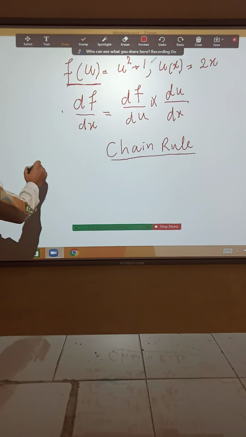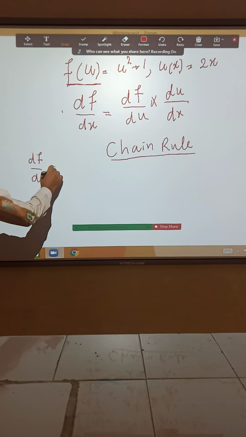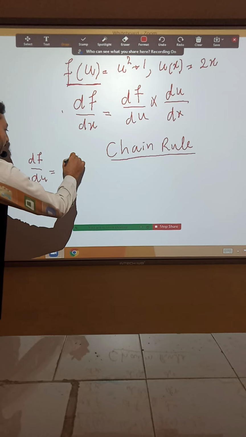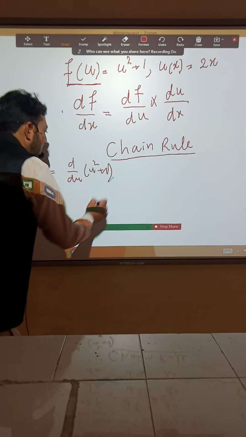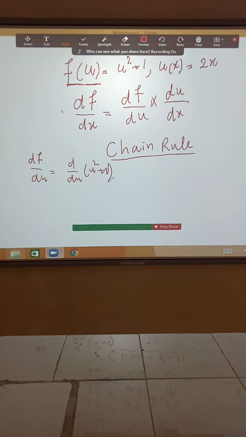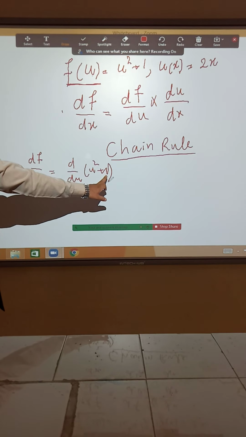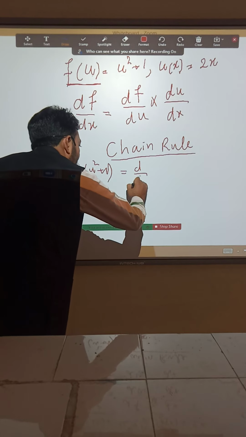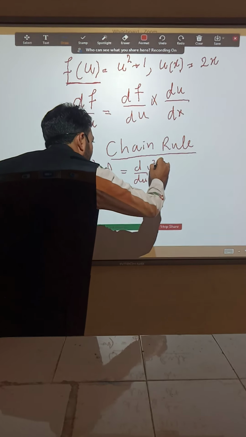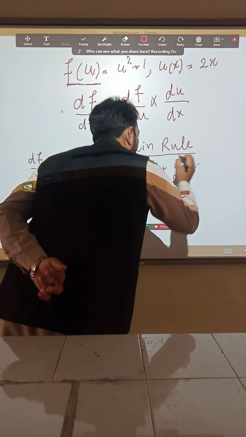Now if I find df by du, that will be d by du of u square plus 1. यहाँ पे हम क्या यूज करेंगे? We will use the sum rule. This derivative will apply on u square and then this derivative will apply on 1. So that will be equal to d by du of u square plus d by du of 1.